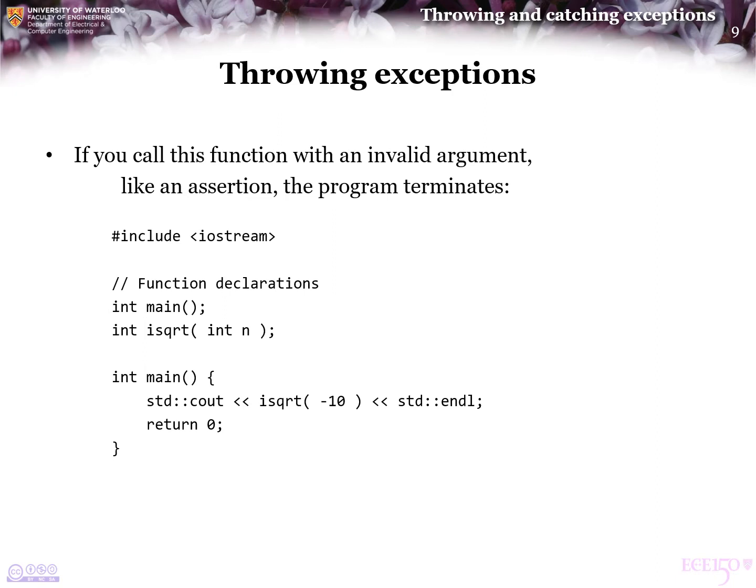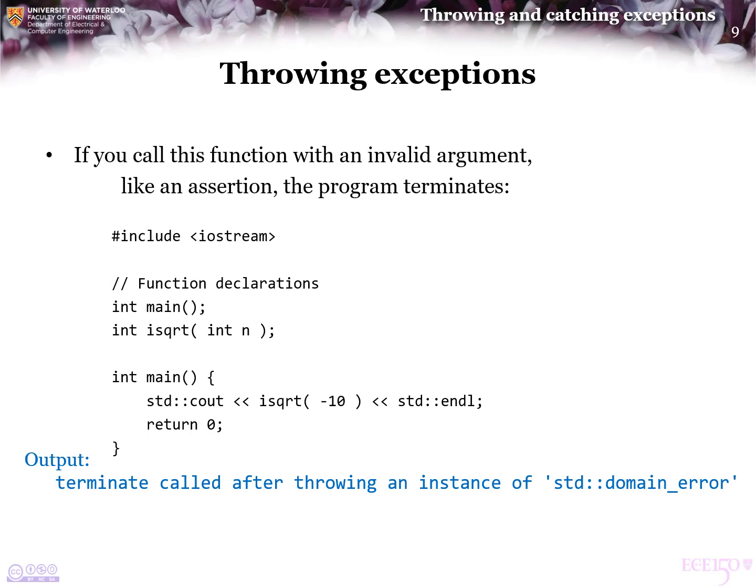Now, if you call this function with an invalid argument, like an assertion, if you do nothing else, the program will terminate. So here we call the integer square root with -10. We try to run this program, and the output is: terminate called after throwing instance of domain_error. What's wrong?